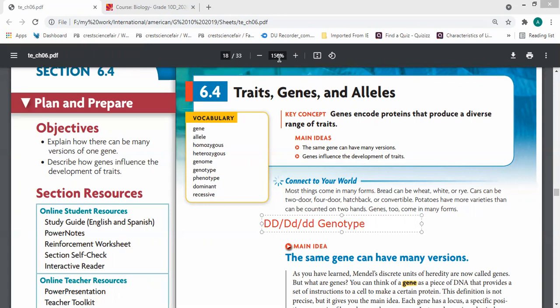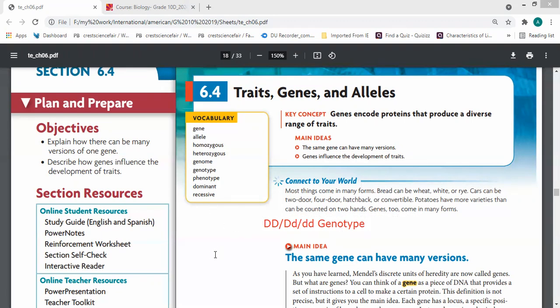Could you please explain again the genotype? Genotype. Okay. Give me an example about phenotype. Any trait. Skin color.